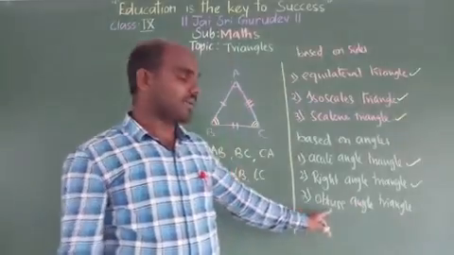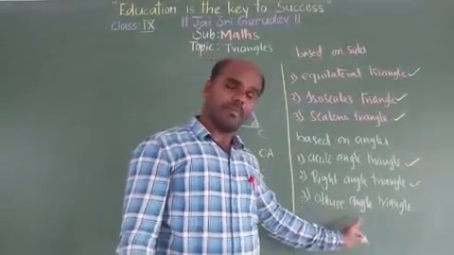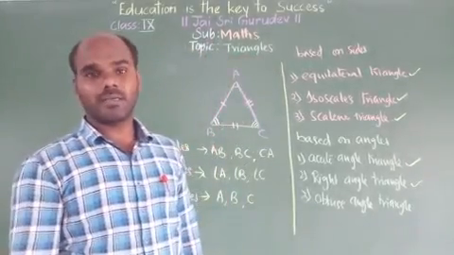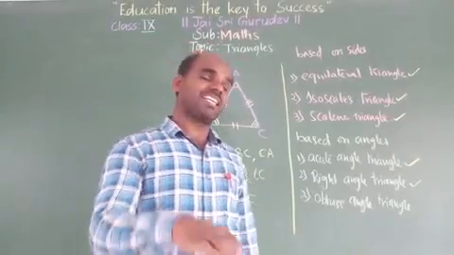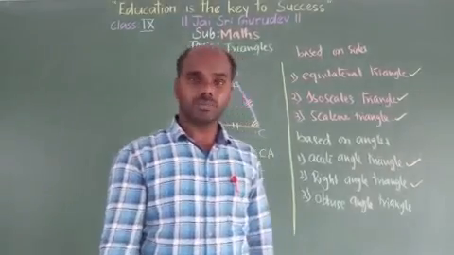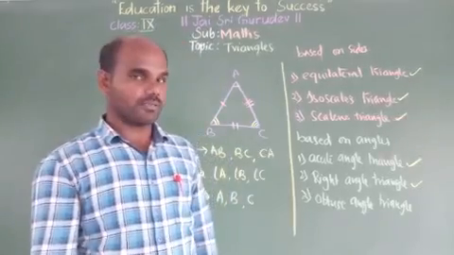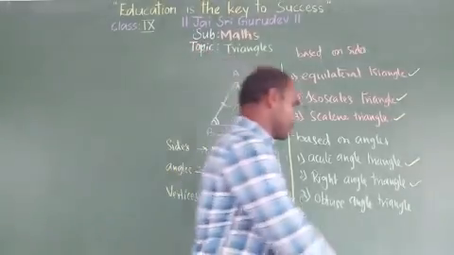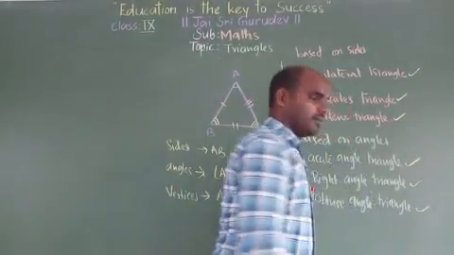Such an angle is called an obtuse angle. In a triangle, only one angle must be obtuse, and the remaining two angles must be acute. Such a triangle is called an obtuse angle triangle.